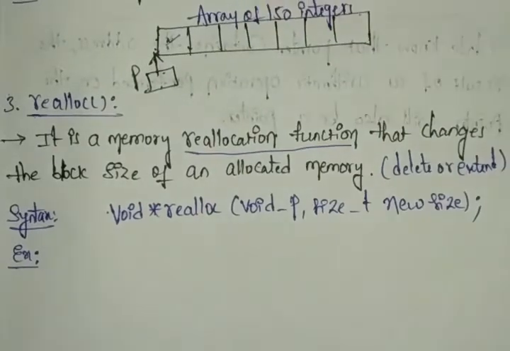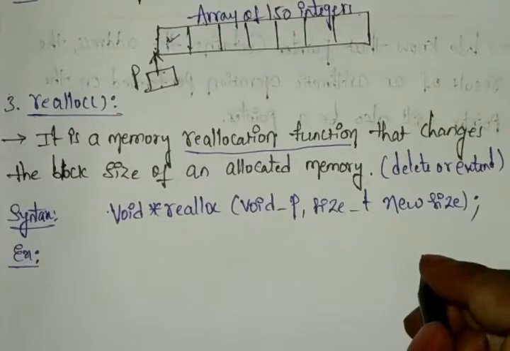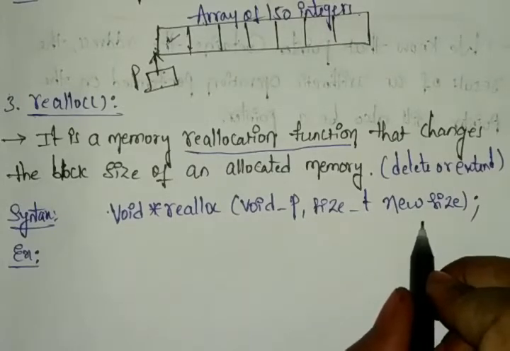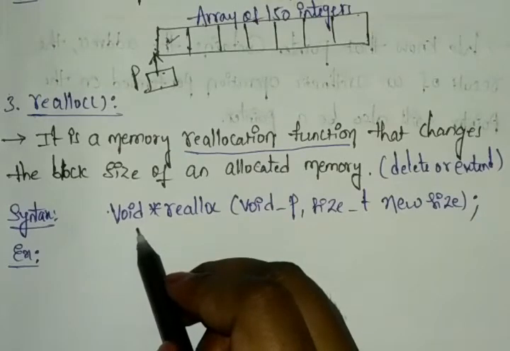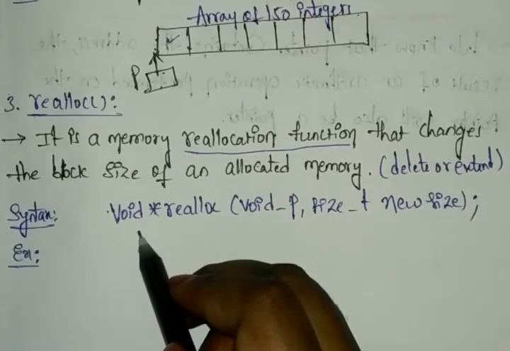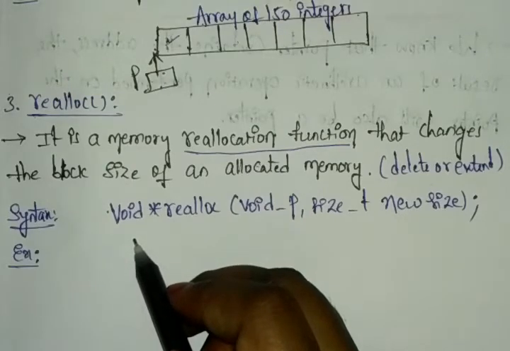Here we are reallocating the memory, so we need to take the new size. It may be less, or it may be a higher value. Whatever size we take, we call it the new size. And void star means it also returns a pointer type. If it is successful, there is no problem; otherwise it returns a null pointer.